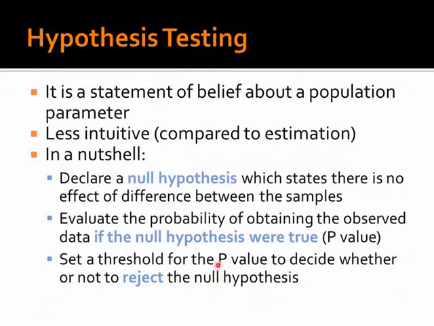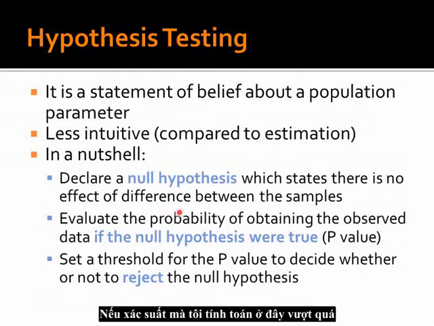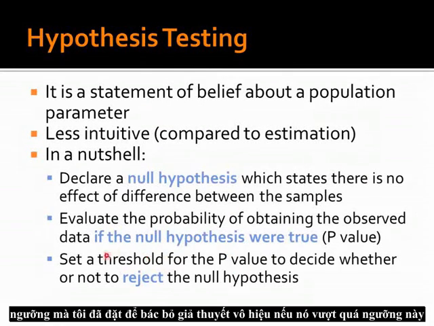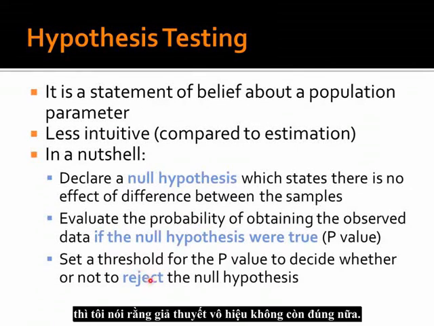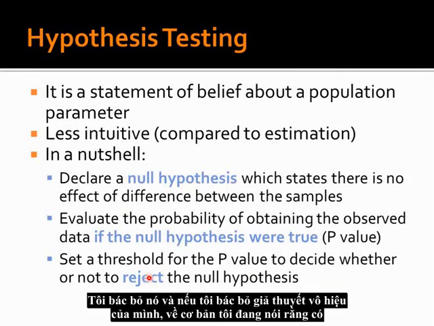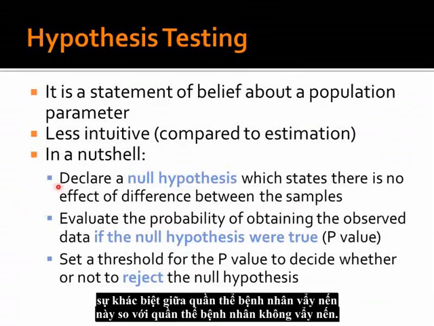Now, if the probability which I calculated here exceeds the threshold that I have set to reject the null hypothesis, then I say that the null hypothesis is no longer true. I reject it. And if I reject my null hypothesis, I'm basically saying that yes, there actually is a difference between this population of psoriasis patients compared to the population of non-psoriasis patients.